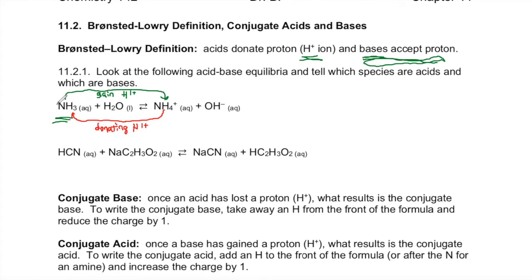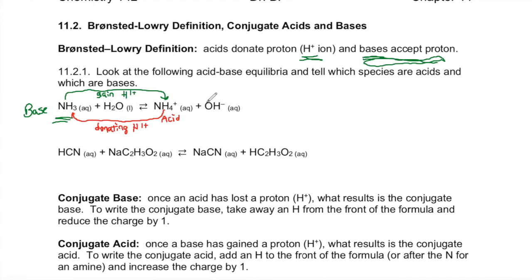So since ammonia is a proton acceptor, that makes it a base. So ammonia is a base, but the ammonium ion is an acid because it can donate a proton. Again, this is a reversible process, so it goes back and forth.